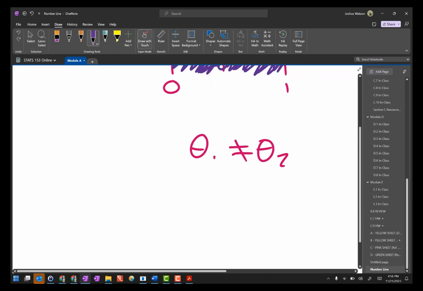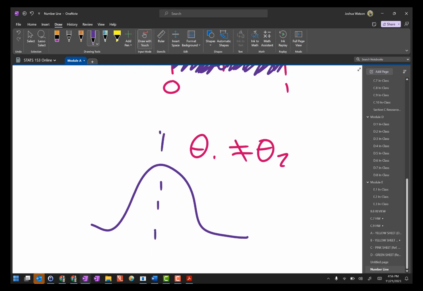imagine that your distribution looks kind of like this, and here's your mean down the middle, and your z value is maybe right here. So let's say z equals 1.7. If you are asking a two-tailed test and you get a z value of 1.7, that two-tailed test is going to look like this on one side.